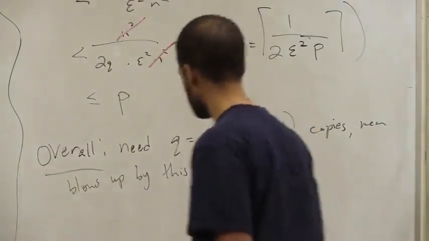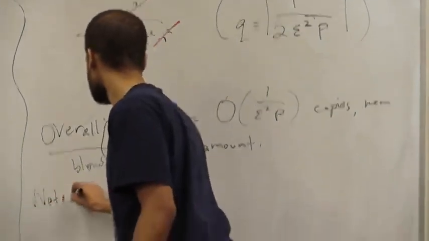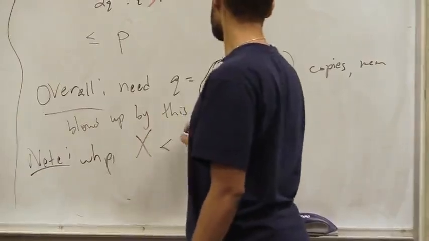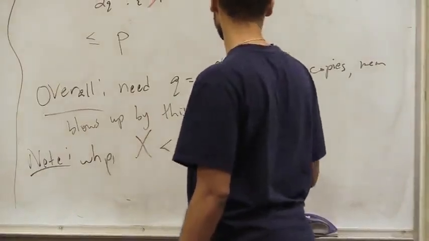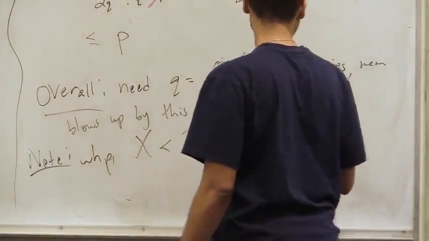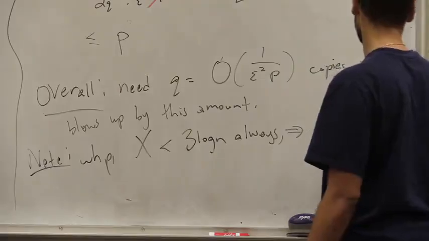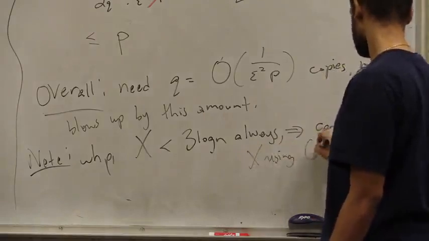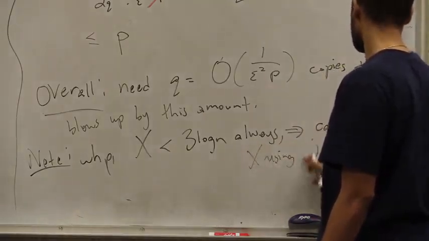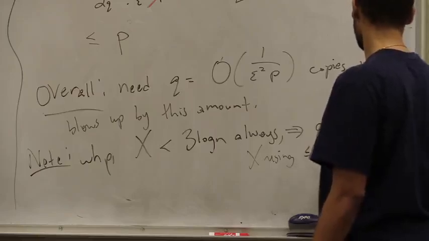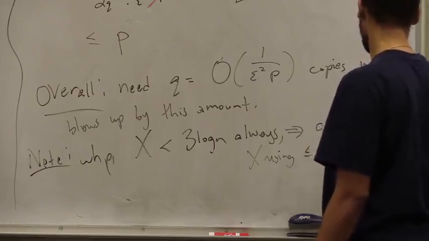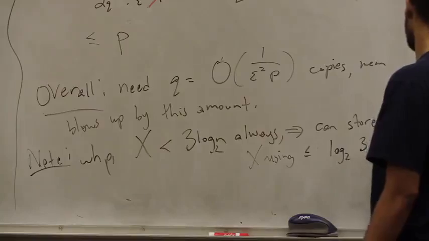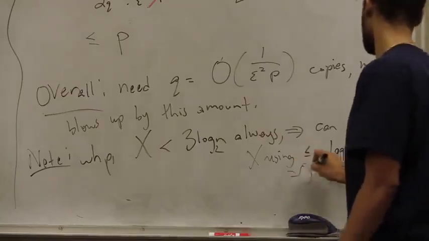So note, with high probability, x is always less than 3 log n, which implies I can store x using at most log base 2 of 3 log n bits, which is O of log log n bits.